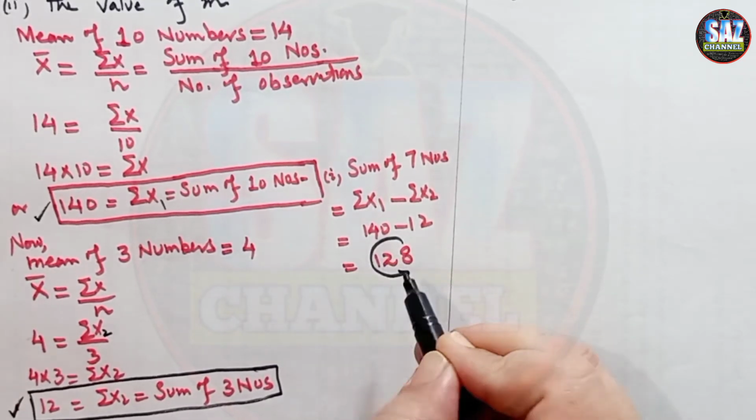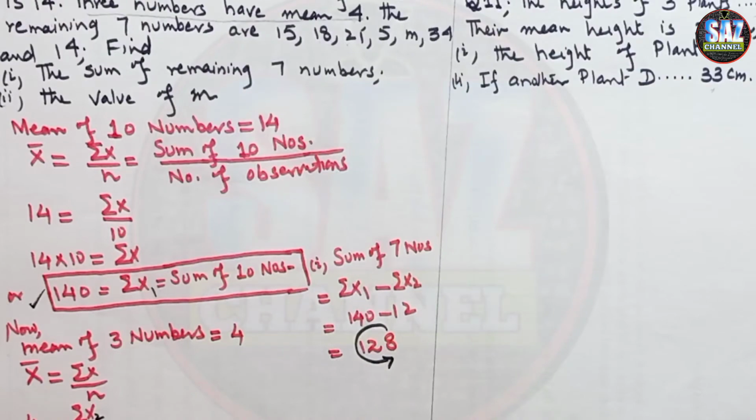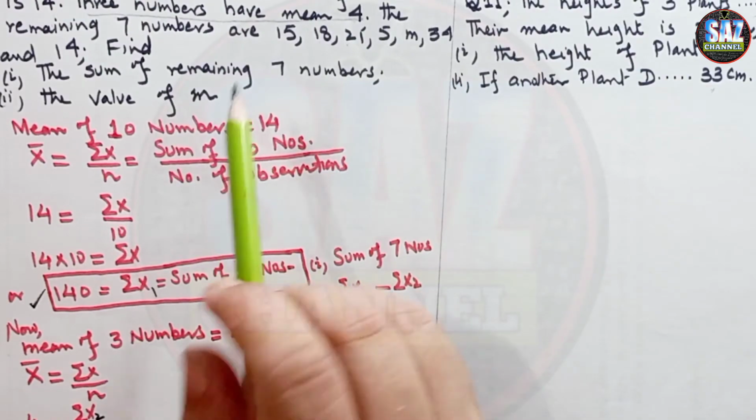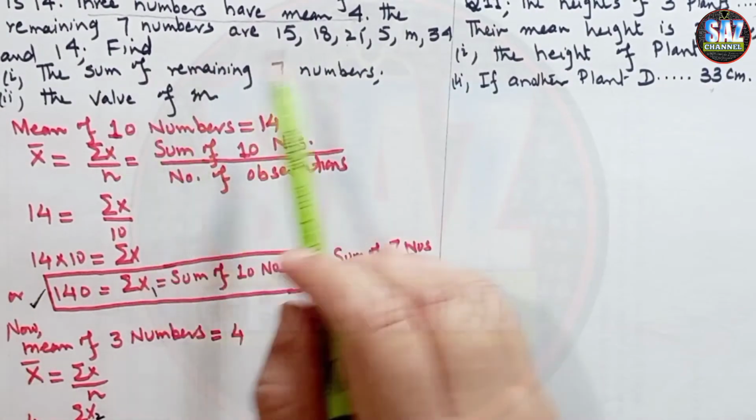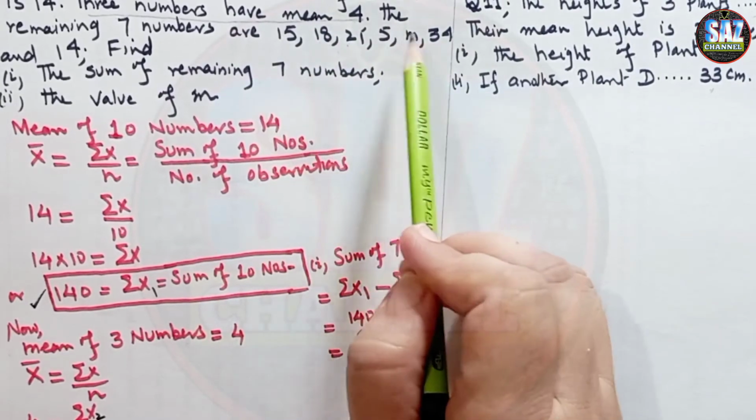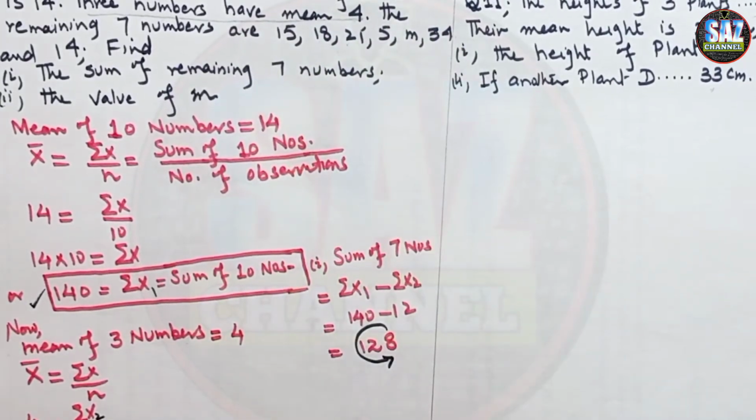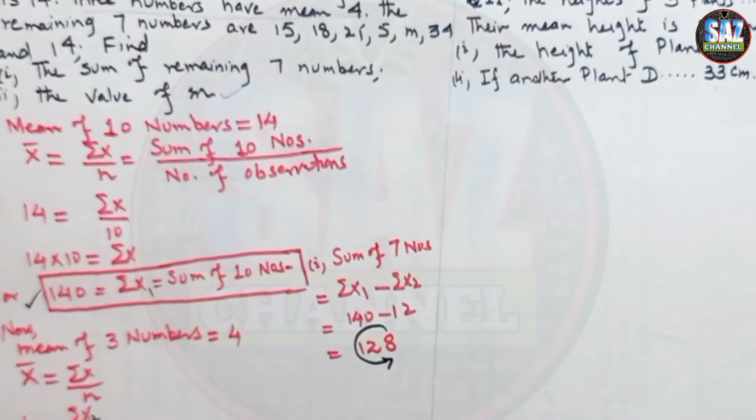Then the question says the remaining 7 numbers are 15, 18, 21, 5, m, 34 and 14. The next part says that we have to find the value of m.